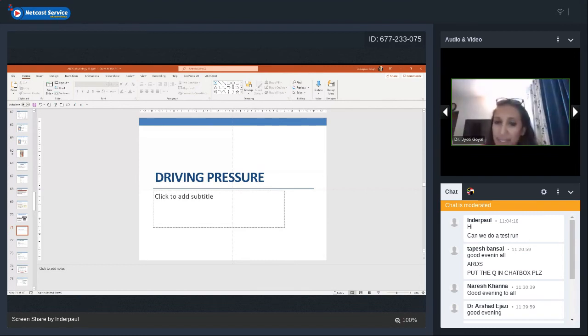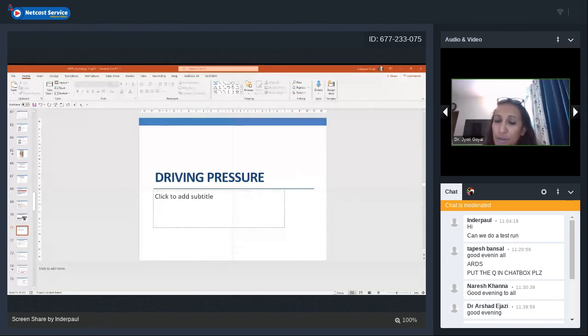So, as Dr. TAPESH has already said, in certain cases where extrapulmonary ARDS is there, you have the ability to go beyond this plateau pressure limit, because your plateau pressure limit is 30.